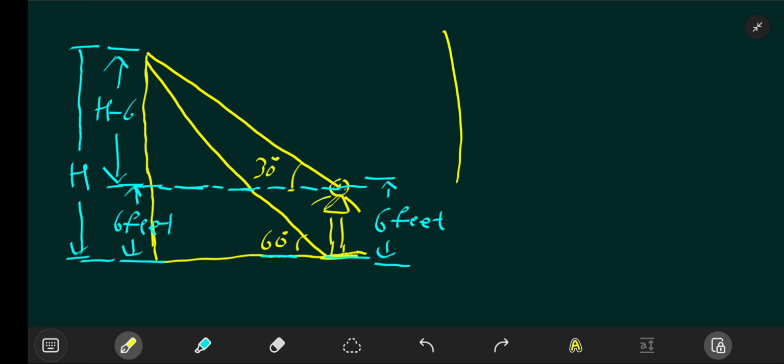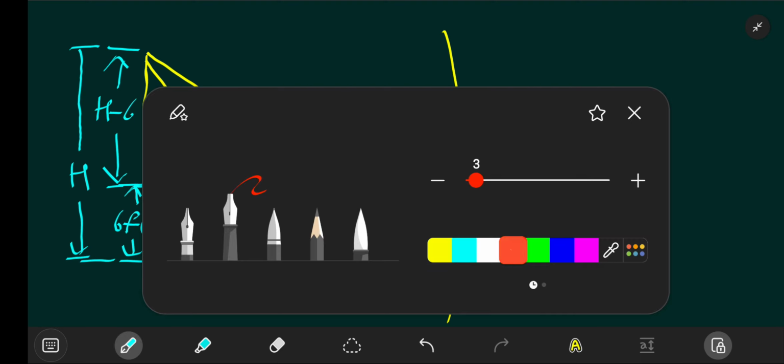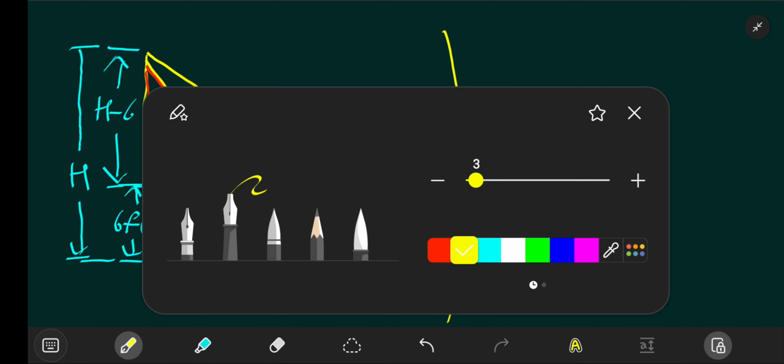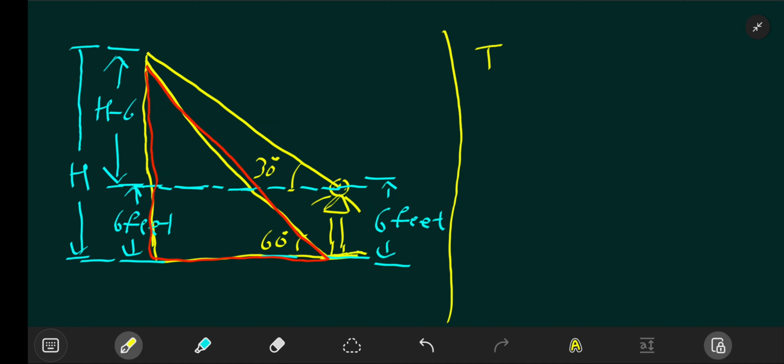Now if we apply tan 60 degrees, the 60 degrees angle takes this complete triangle. Why am I taking tan?